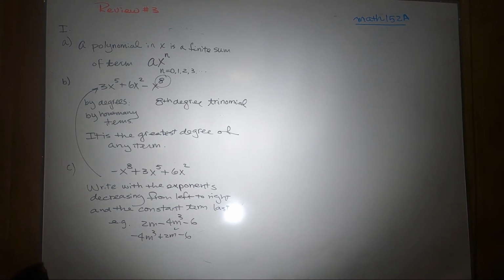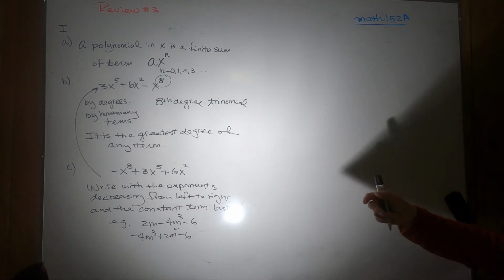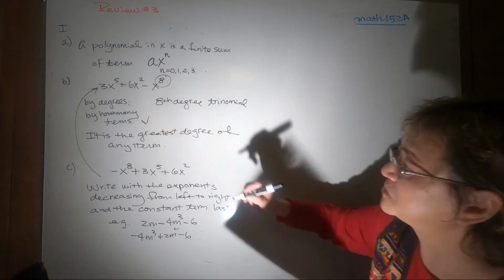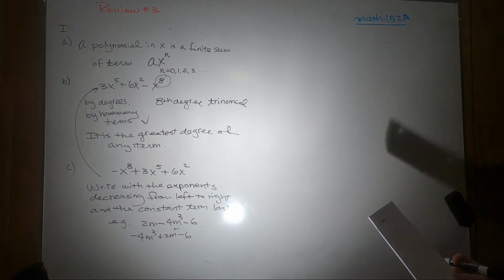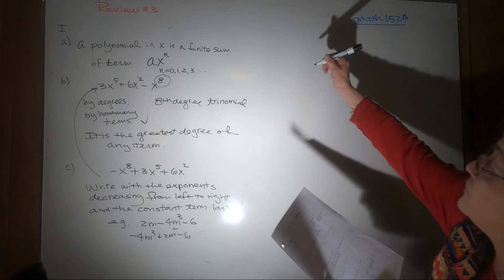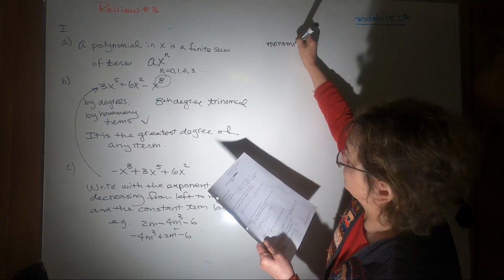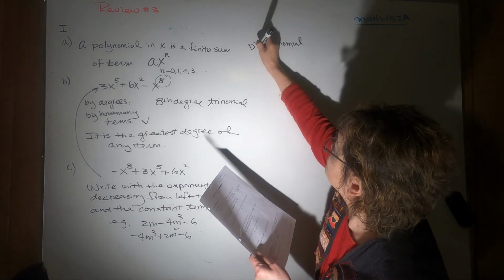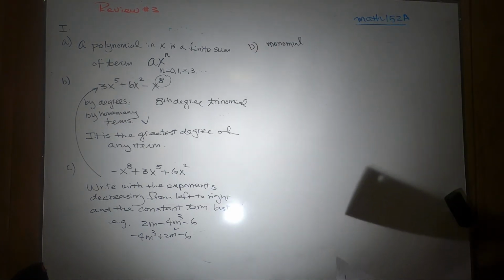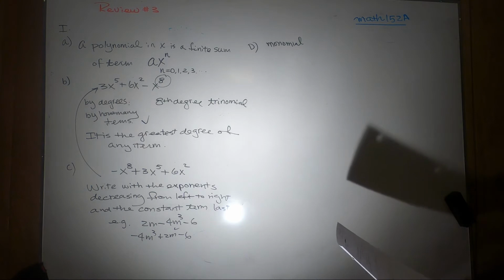Then we classify them by how many terms and by degree. By the terms, we also give the name, right? So if it's a monomial, how do we describe it? How many terms would that be? Mono, right?